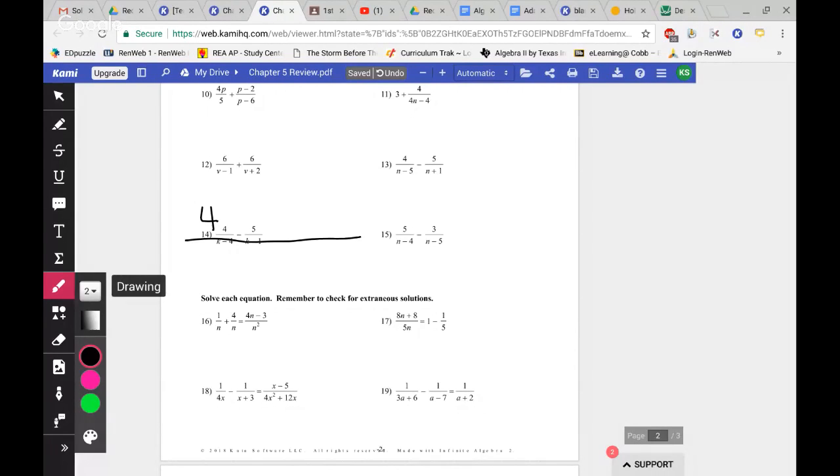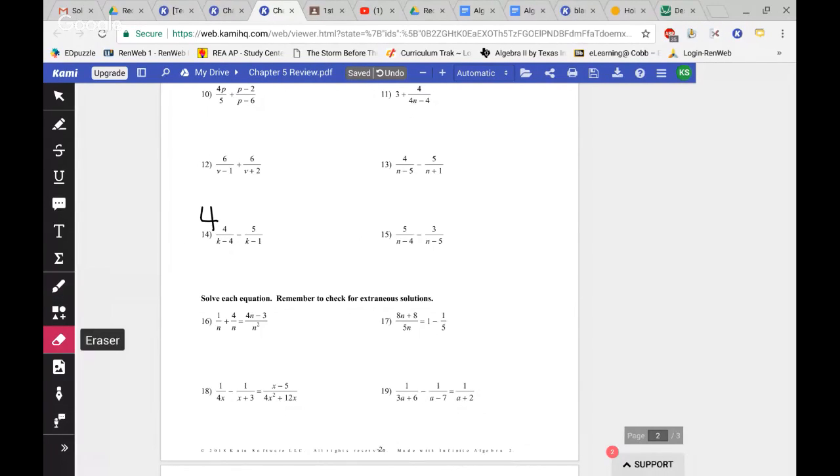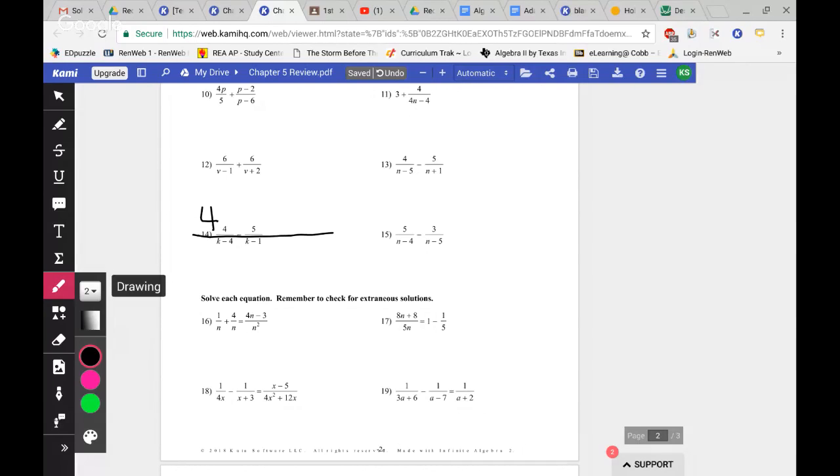And this is so much like the other one, as far as numbers are concerned, because they both have a 4 and a 5 in the numerator. So, but it's n minus 5 and then n plus 1. And then we've got to multiply the top by the n plus 1 because we've multiplied the bottom by that. Don't want to change the value of the fraction.